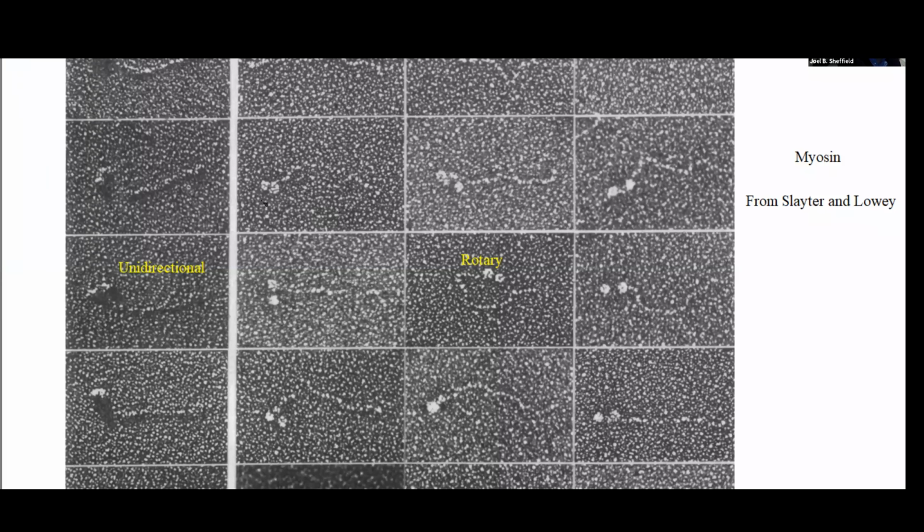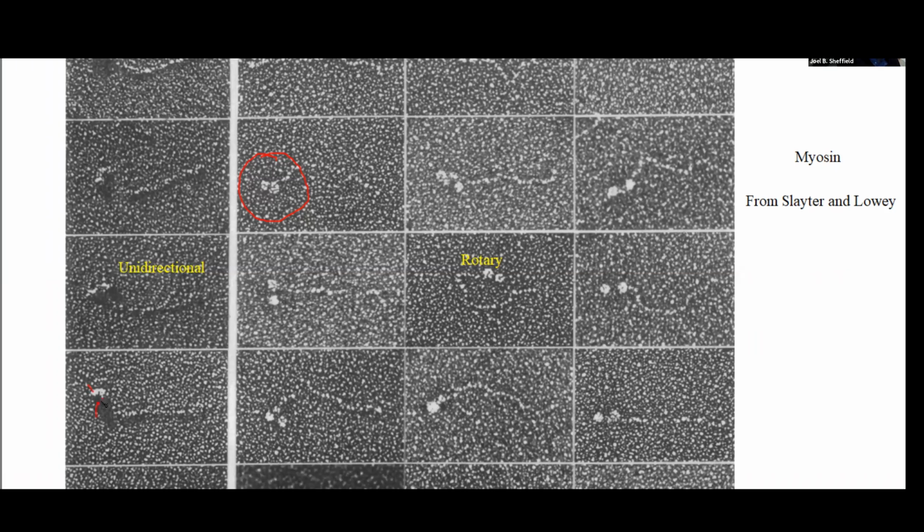This is where you can actually see the two heads, for instance, over here. The two heads of the myosin molecule in the standard form of myosin. But there's another trick that was played here. The images in the first column were all done with shadowing the way I described them.